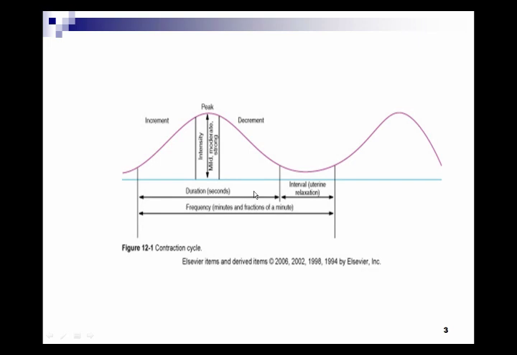So if someone says her contractions are lasting 60 seconds, that's what it means. And frequency is how much time from one contraction to the beginning of the next. So if they're saying a contraction is coming every 3 minutes, that's what they mean. And then we have the relaxation in between, when the uterus is relaxed.